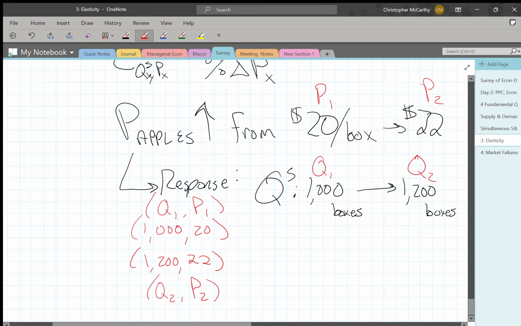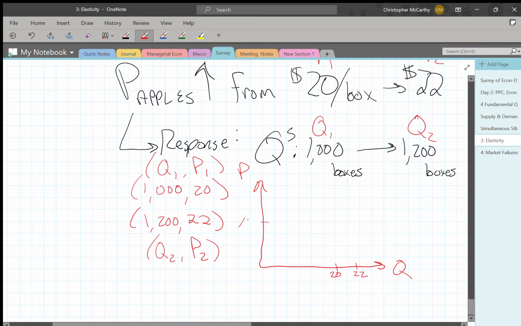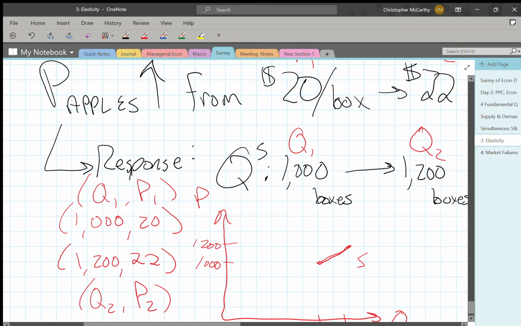If we were doing a Cartesian coordinate plane, this would be our Q axis, this would be our P axis. So there would be 1,000 supply at 20, and then there would be 1,200 supply at 22, which makes sense. If we connect those, we get an upward sloping supply curve, right? We have a little bit of the supply curve that we're given.